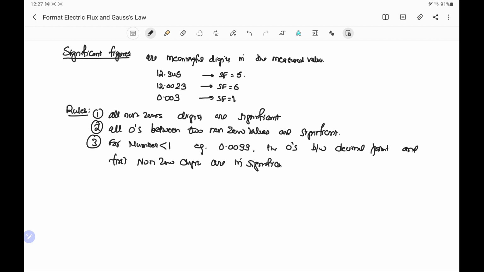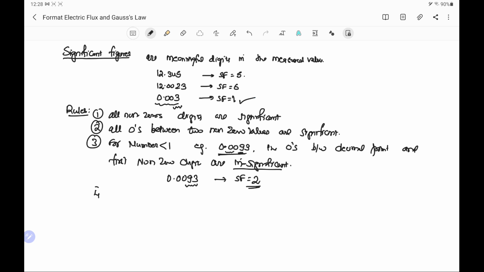That means here in 0.0093, the decimal point is followed by two zeros before 9. This is the first non-zero digit. So these two zeros are non-significant or insignificant. Therefore, we can say 0.0093 has the total number of significant figures equal to 2. Only these two digits are significant. Similarly, in 0.003, only 3 is the significant digit. So we say it has 1 significant digit.